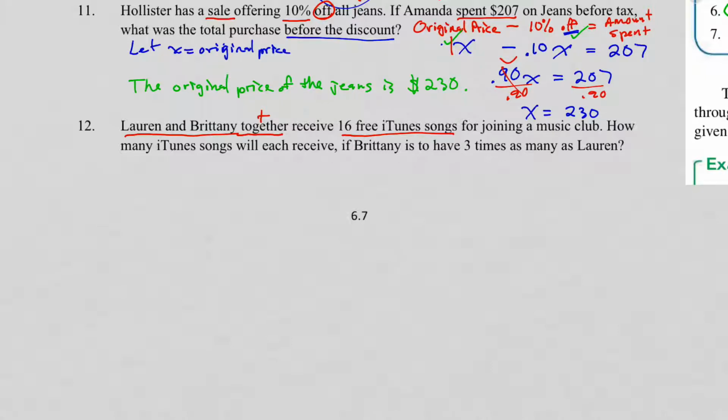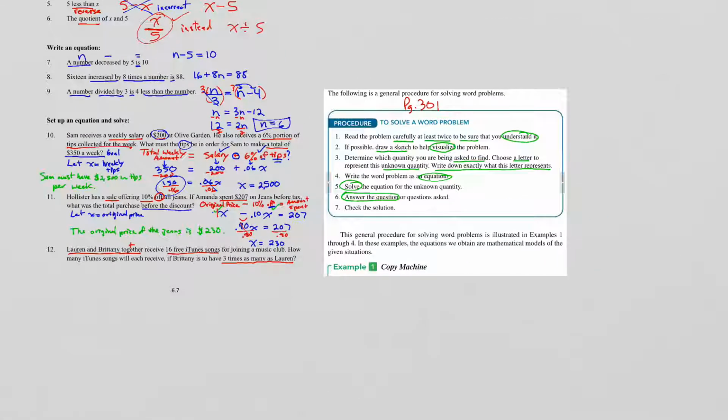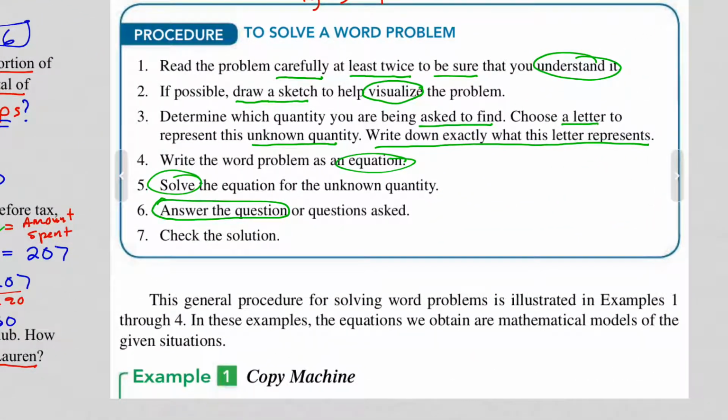How many iTunes songs will each receive if Brittany is to have, now here's the clue that you have to translate, 3 times as many as Lauren. Okay, so let's put this in perspective here. Let's visualize. We still don't have an actual picture, but we can visualize.